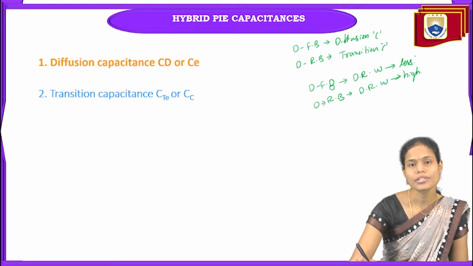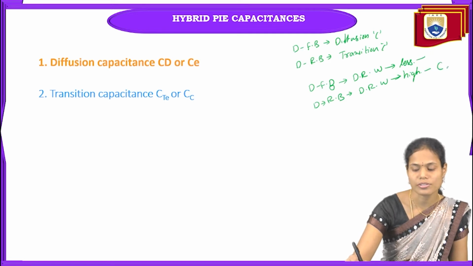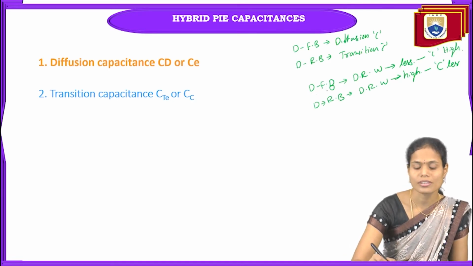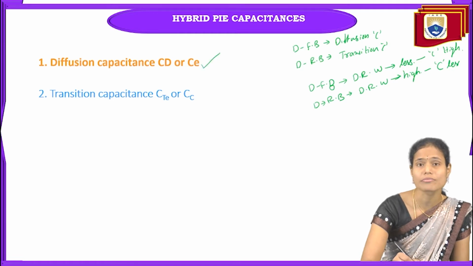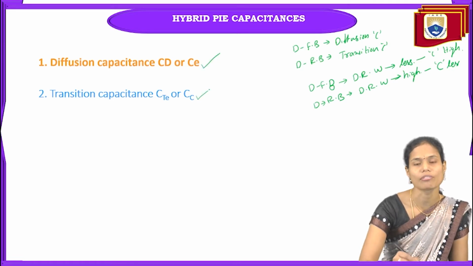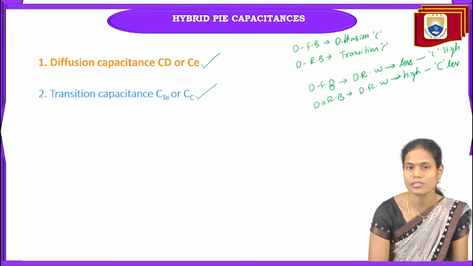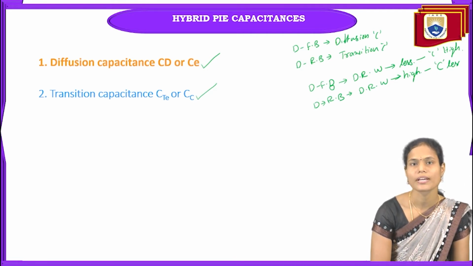Once the depletion region width is very high, the capacitance value is very less, and when the depletion region width is very less, the capacitance value is very high. So from this analysis we can say the value of diffusion capacitance is very high compared to the value of transition capacitance. Why? Because diffusion capacitance exists in the forward biased case and transition capacitance exists in the reverse biased case.